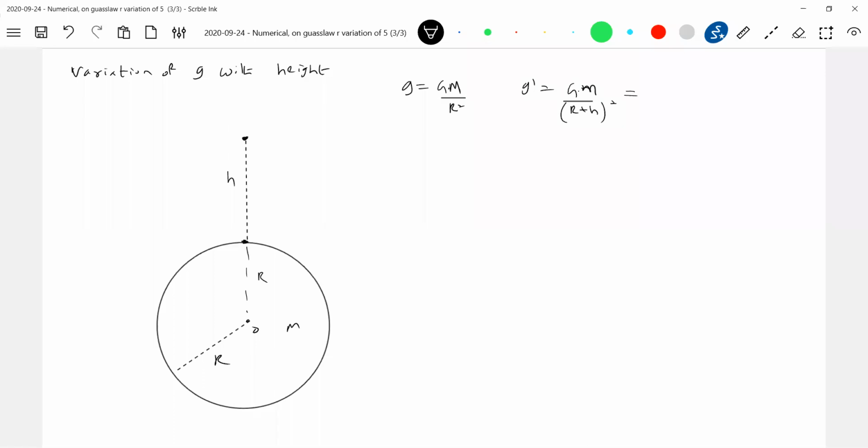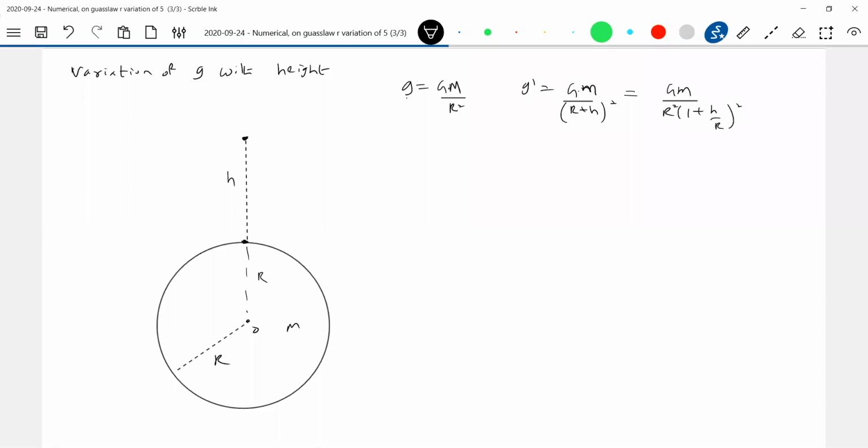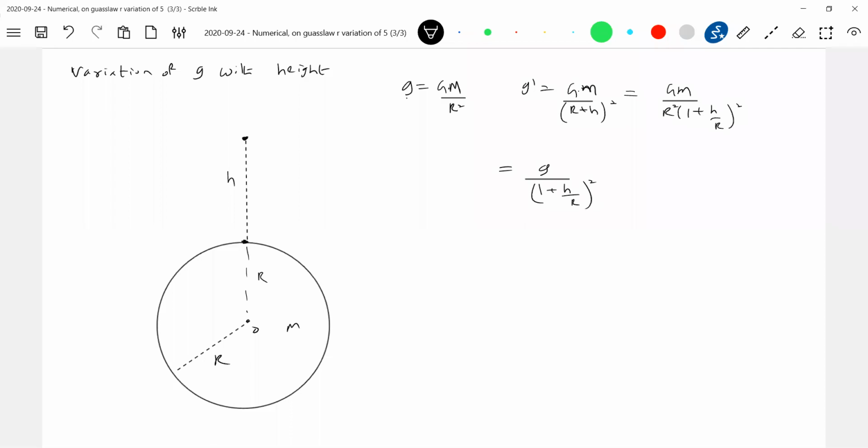So let me take R outside from it. GM by R square, what can you write? The gravitational field strength on the surface of the earth we give one specific name. What is it? Small g. So GM by R square, what we can write now, is g by (1 plus h by R) whole square. Now what is h?